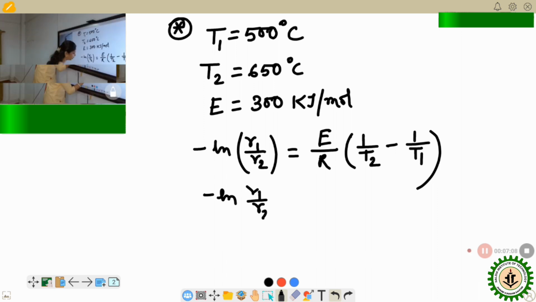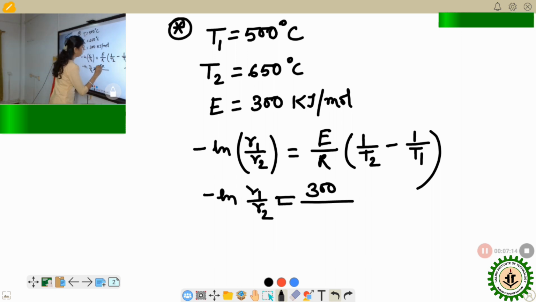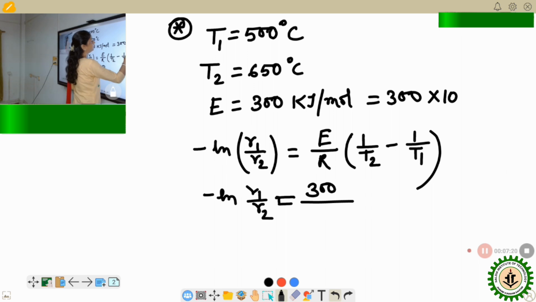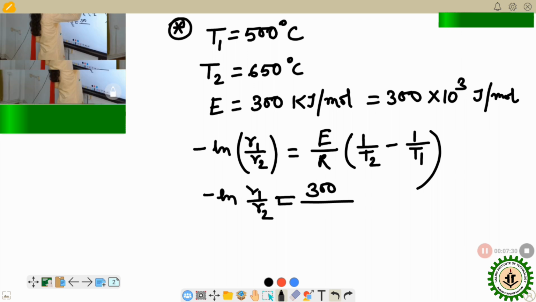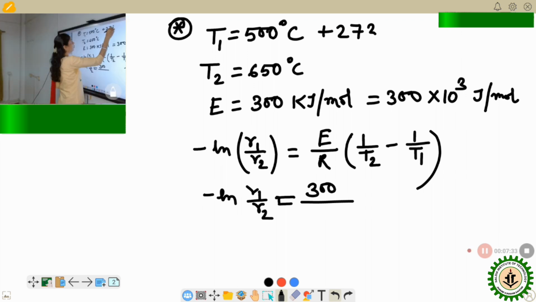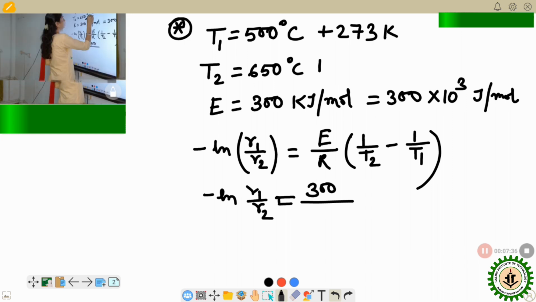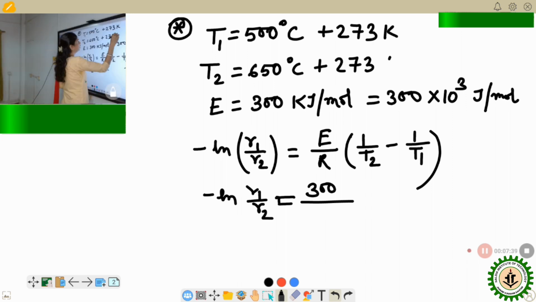Minus ln R1 by R2 equals, 300 kilojoule is given, convert that to joule, so 300 into 10 to the power 3. T1 is 500 degrees centigrade plus 273 Kelvin, and here also plus 273 Kelvin. R, the gas constant, is 8.314.